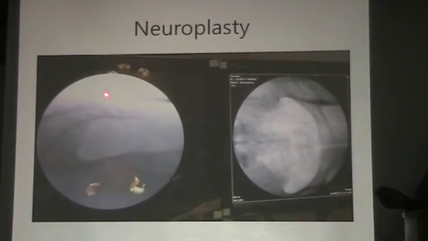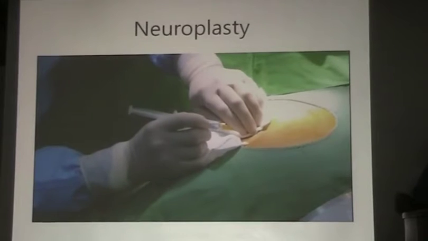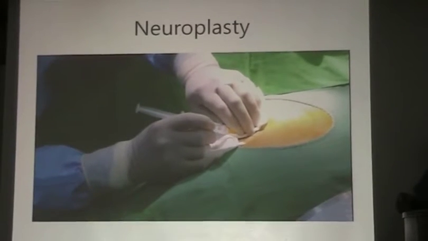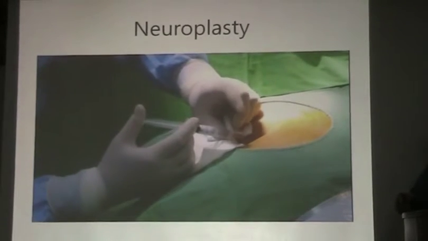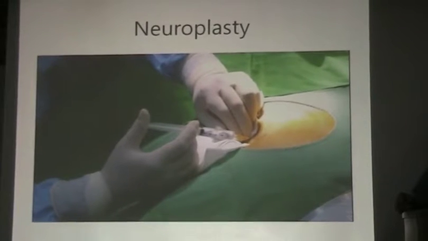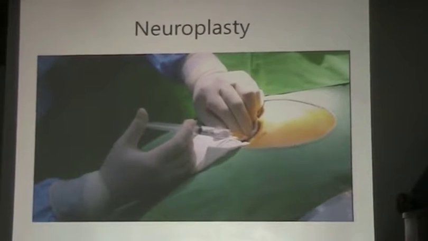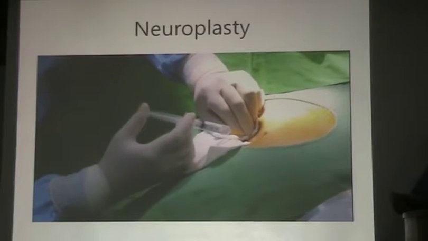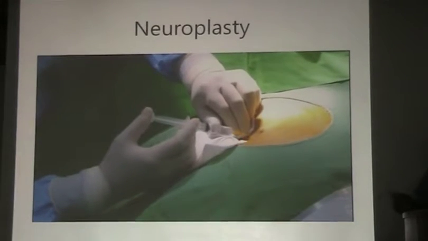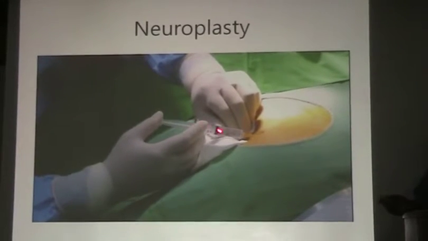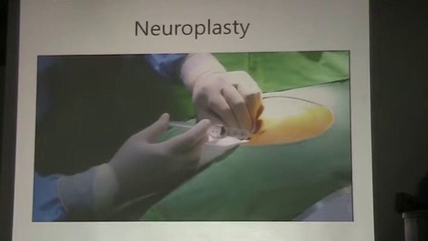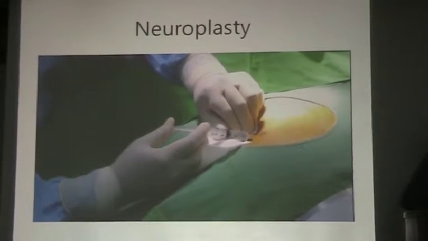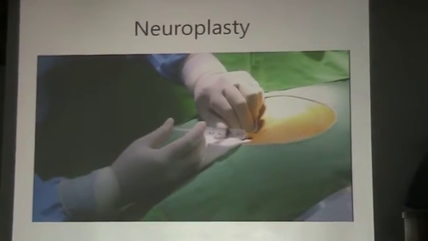Make the entry point and apply local anesthesia. It is very important to do the transcaudal block with local anesthesia. Yes, this is caudal block to reduce pain of the patient.